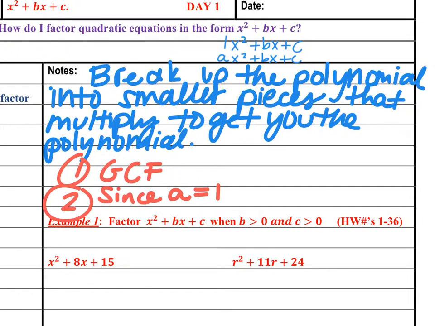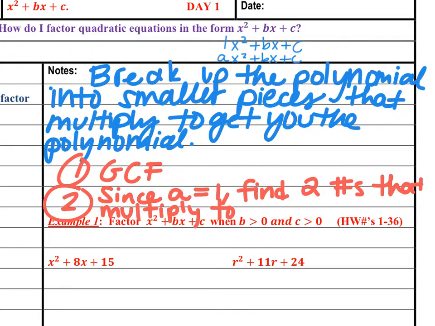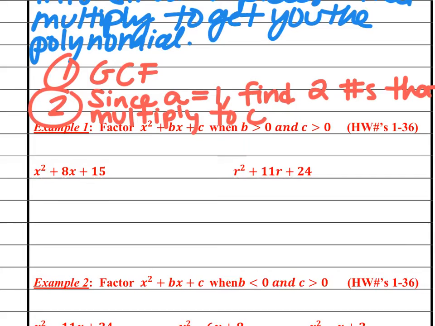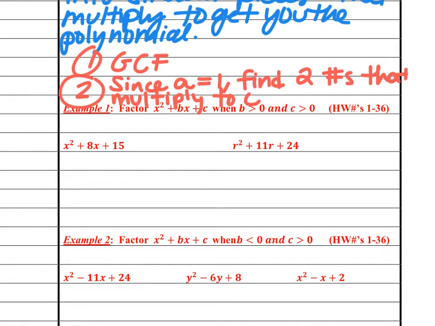So because a is 1, all we have to do is find two numbers that multiply to c and add to b.